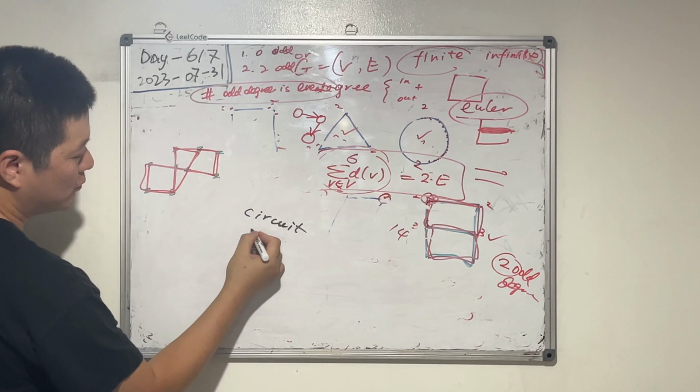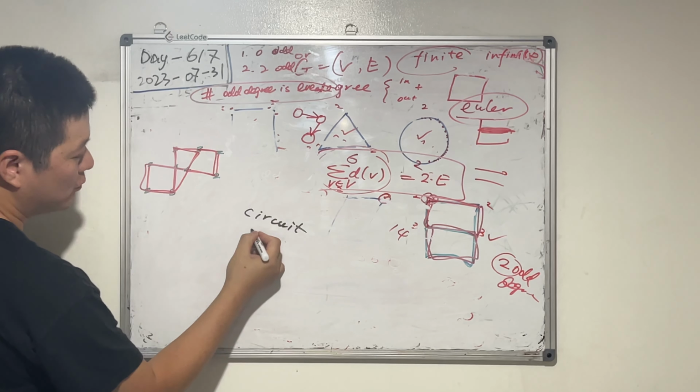Another graph. 2, 4, 4, 2, 2. Each corner is 2, and the middle intersection is 4.